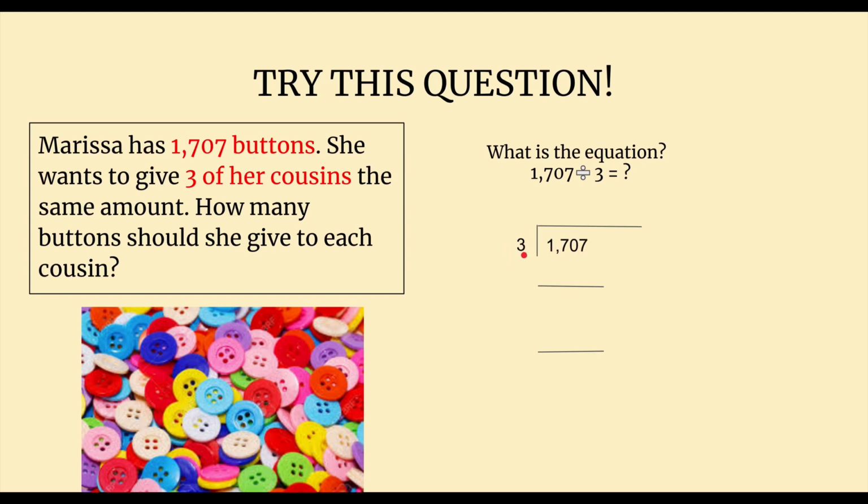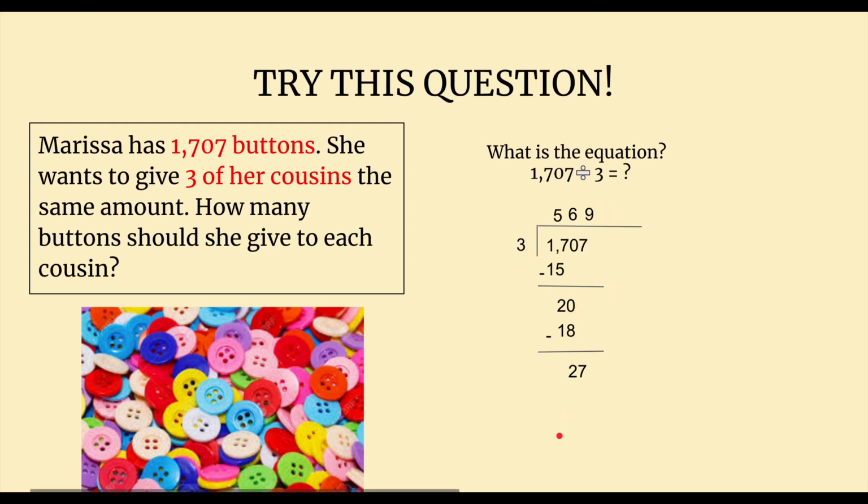Okay, so 3 goes into 17 how many times? 5. 3 times 5 is 15. Subtract this, it's 2, but then you bring down the 0, so it's 20. 3 goes into 20 6 times. 3 times 6 is 18. It's 2, but then you bring this down, so it's 27. 3 goes into 27 how many times? 9.